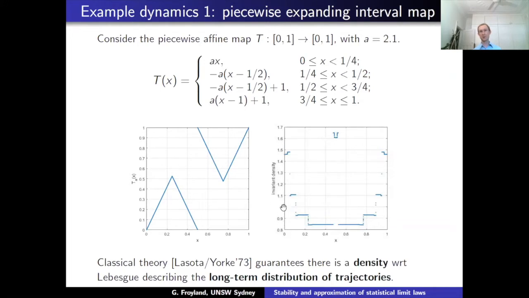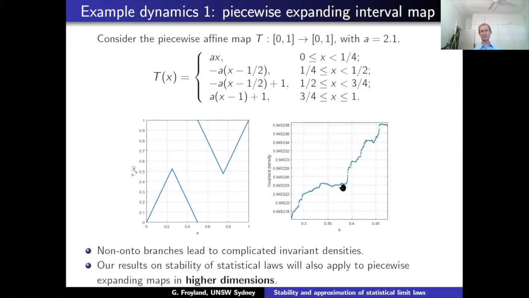The average density should be 1, so the average is through here, and some parts are lower density, some parts are higher density. I didn't do this by computing a normal histogram, but by a rigorous numerical method, maybe not rigorous in your sense, but at least a converging numerical method. Even in these areas that are looking flat, there is still some fine structure there. So you get already complicated phenomena even just in the distribution of long orbits.